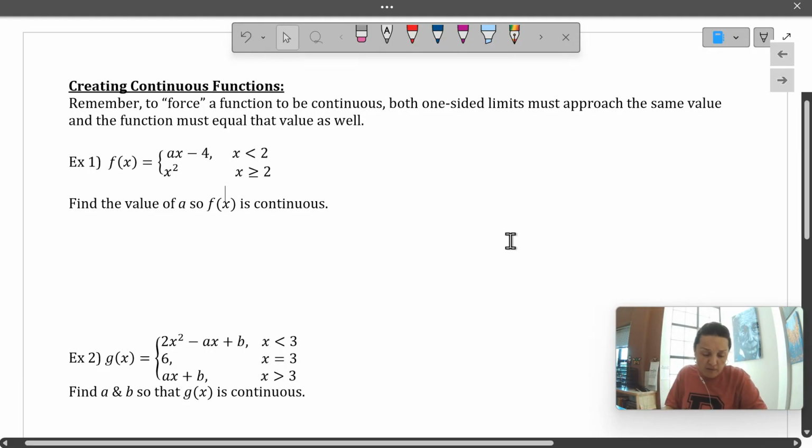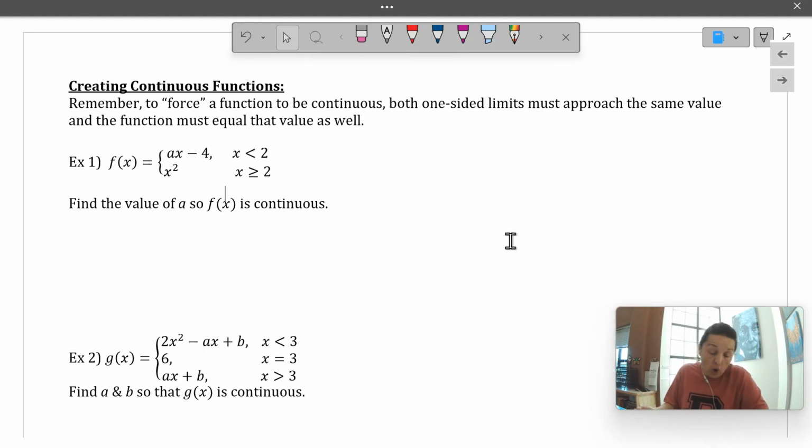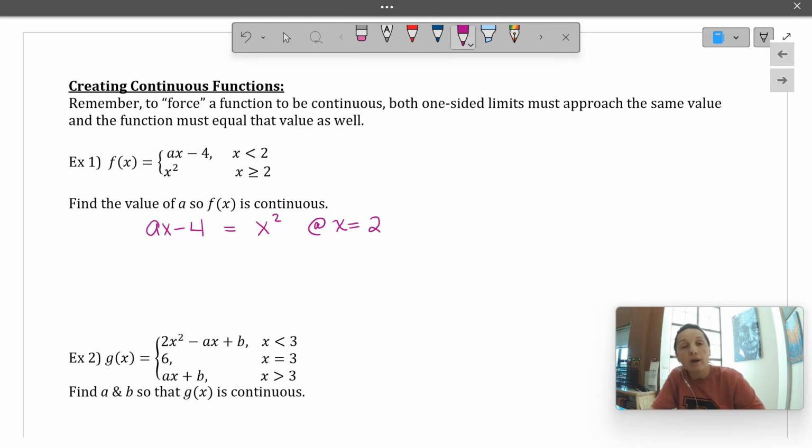So it says find the value of a so that f of x is continuous. Okay, well if something is continuous, the left side and the right side need to meet. Well, that means ax minus 4 and x squared need to meet, and they need to meet where the graph is broken, which is at x equals 2, which means 2a minus 4 needs to equal 2 squared.